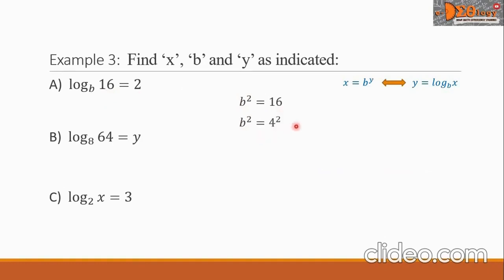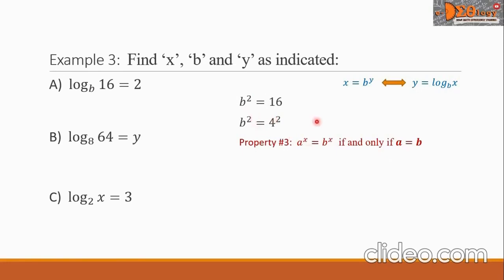4 squared. And then I'm going to use a property of exponential function. I remember there is property number 3 that says a raised to x equals b raised to x if and only if a equals b. I can see here that the exponents are the same.